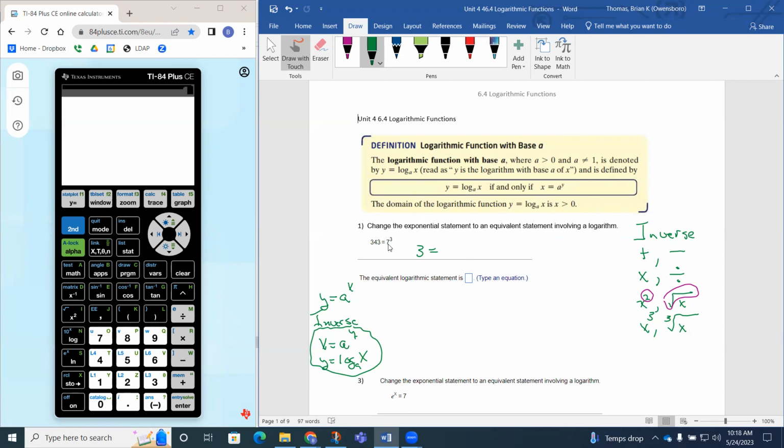Here, 7 is actually the a. Notice that that becomes the little subscript of the logarithm. That means the 343 is what we end up taking the log of. So the log of 343 base, I'm sorry, not base a, but base 7, since a is actually a 7 there.